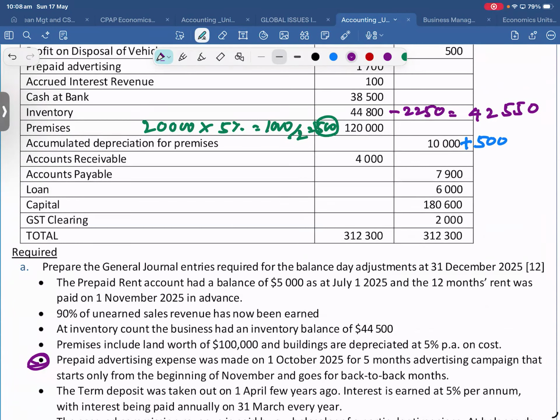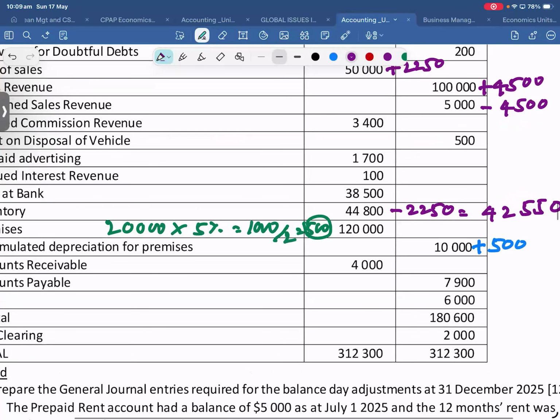Yes, Viraj. Yes, Leah. I'm asking how much the advertising expense is so far, for this period. 680. Okay. So everyone agrees with 680? Yes, correct. Why is it that, guys?